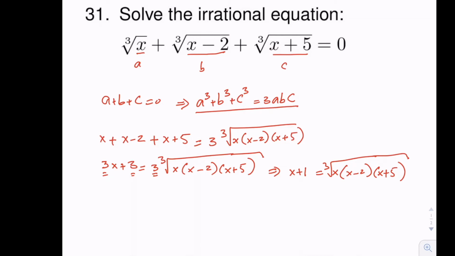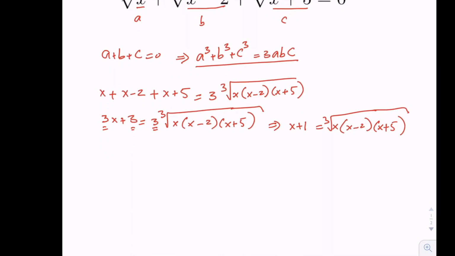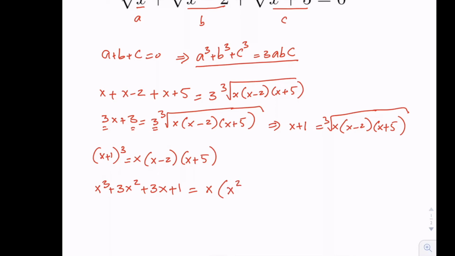And now if we raise both sides to the power 3, we will get x plus 1 cubed is x times x minus 2 times x plus 5. And from here, expanding the first side, the left side will give us x cubed plus 3x squared plus 3x plus 1, and expanding the right hand side will give us x times x squared plus 3x minus 10.